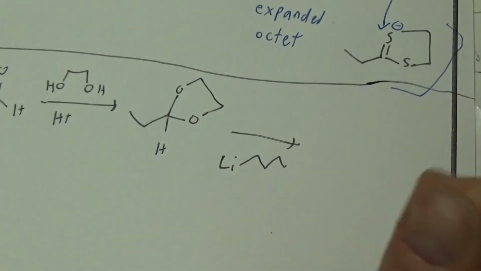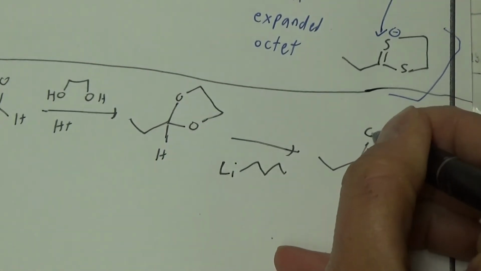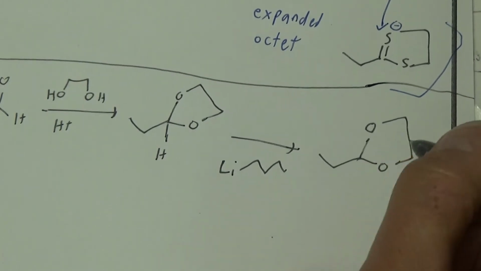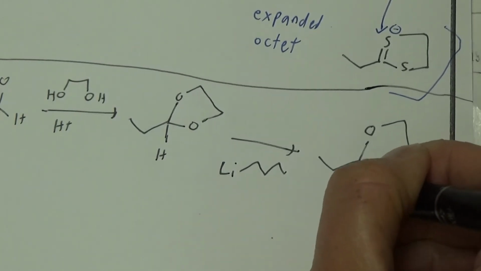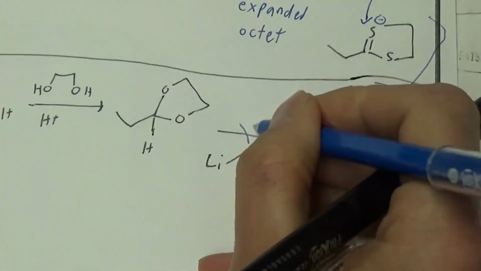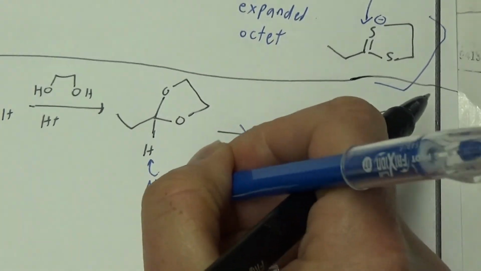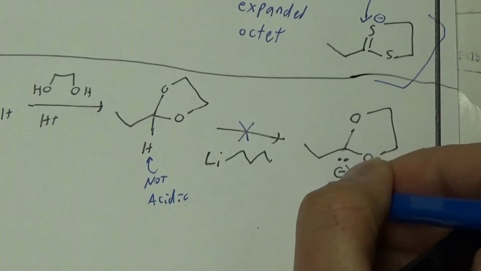Like rip off that proton and make this? The answer is no, we can't, because this is not acidic. And there's no expanded octet here.